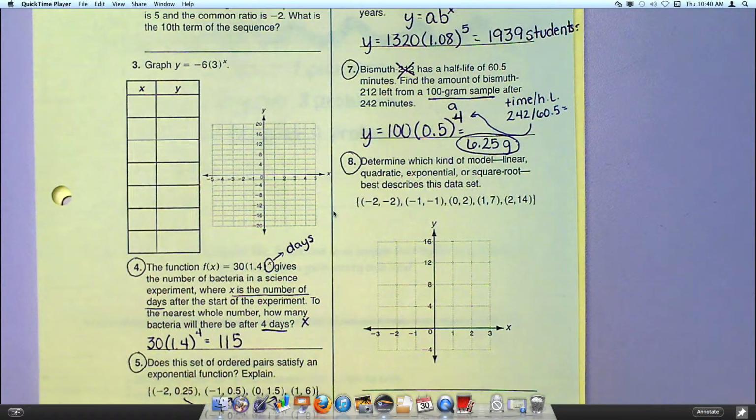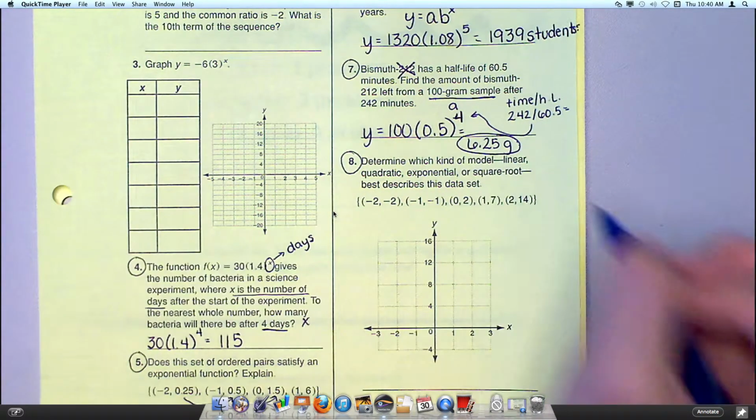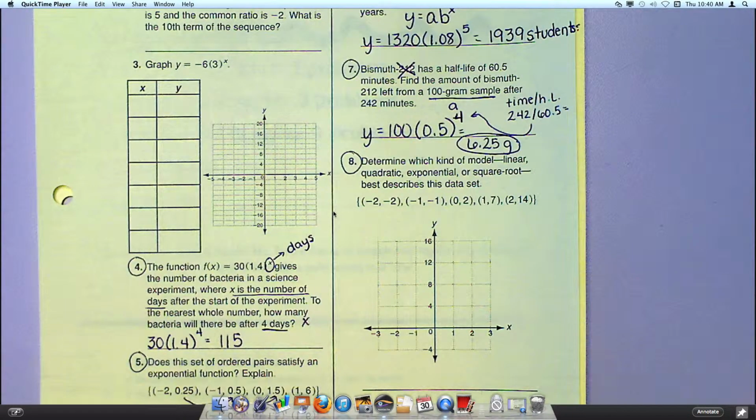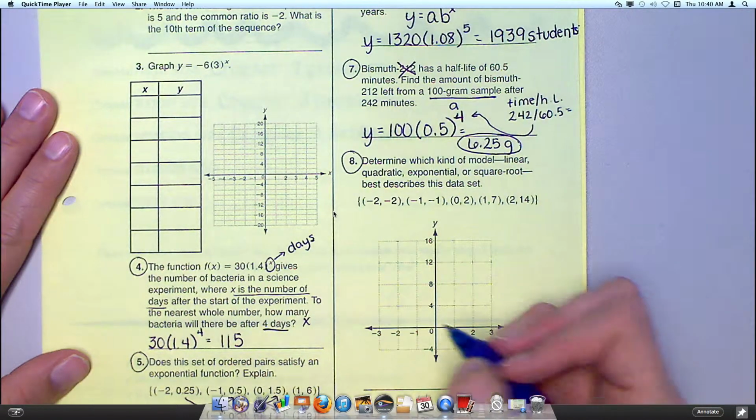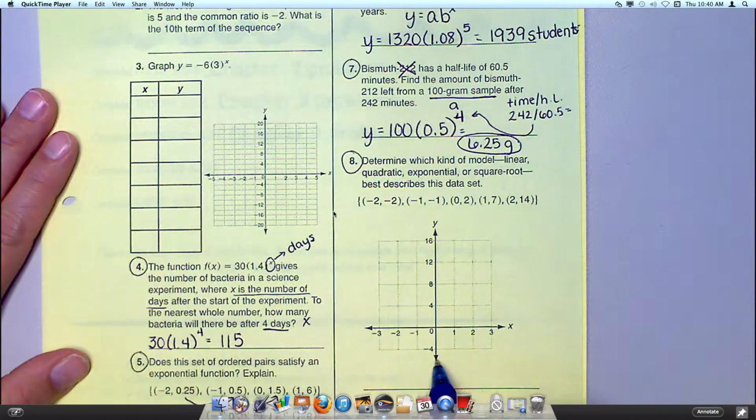6.25. Okay, number 8 says determine which kind of model represents this data set. We didn't talk about square root data set. I hope that this one doesn't come out to be a square root. I don't think it does. Okay, so let's graph it real quick and take a look. -2, -2. Oh, be careful. Look at how they numbered their y-axis. That's -4.